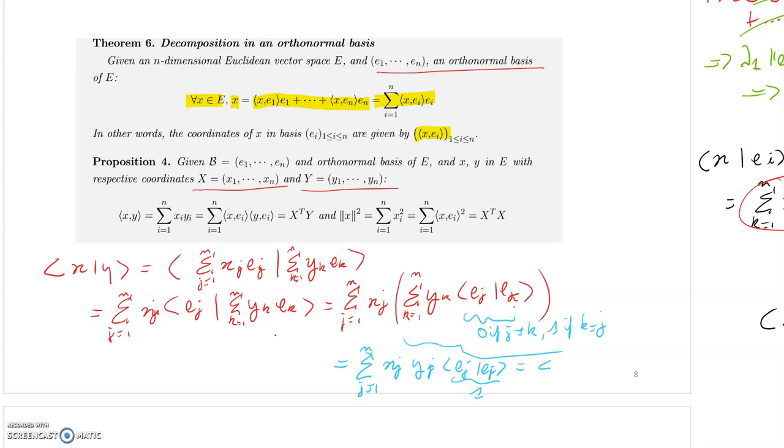And if you plug in the same x, what you get is the square. The norm squared is the sum of the squares of the components, which you already sort of knew. Okay, good.